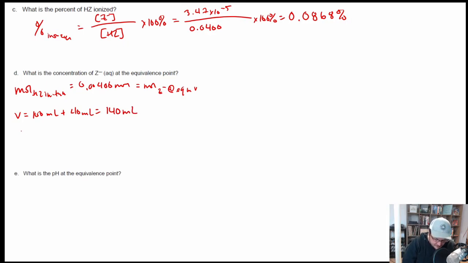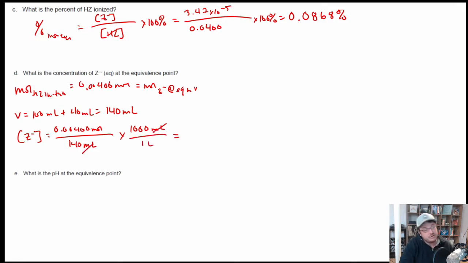Now if we want to calculate the concentration of Z minus at the equivalence point, Z minus is equal to 0.00400 moles divided by 140 milliliters, multiplied by 1,000 milliliters divided by 1 liter, because that way milliliters cancels and you end up with moles over liters. So 0.004 divided by 140 times 1,000 comes out to a concentration of 0.0286 molarity.